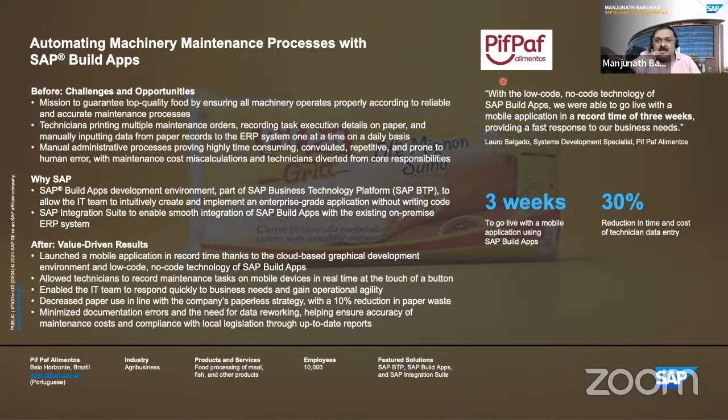Now, as we can see, this probably is a problem that has come up. I wouldn't say it's a problem. This is how things have been working in many of our companies before. But now, everybody wants to do things better. And PIFPAF also had a top-down guidance around sustainability. They also want to go towards a more paperless process.